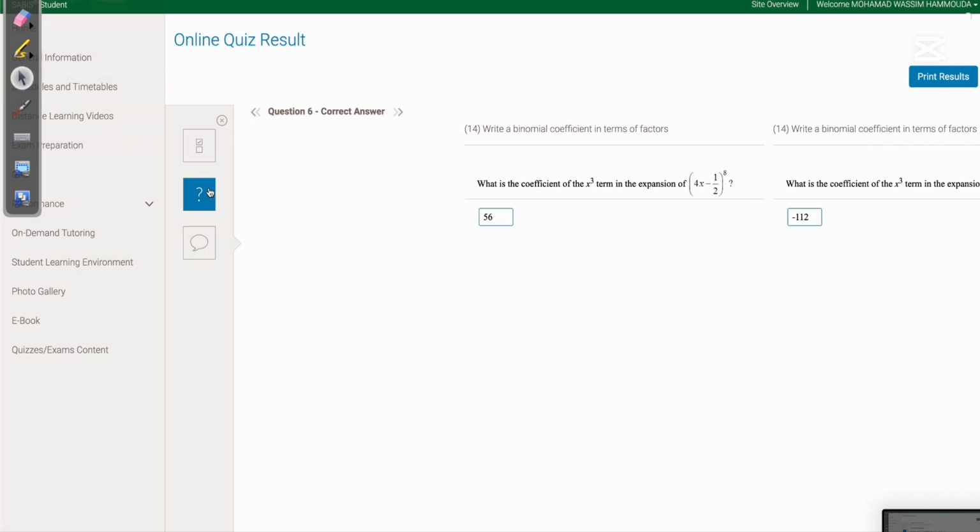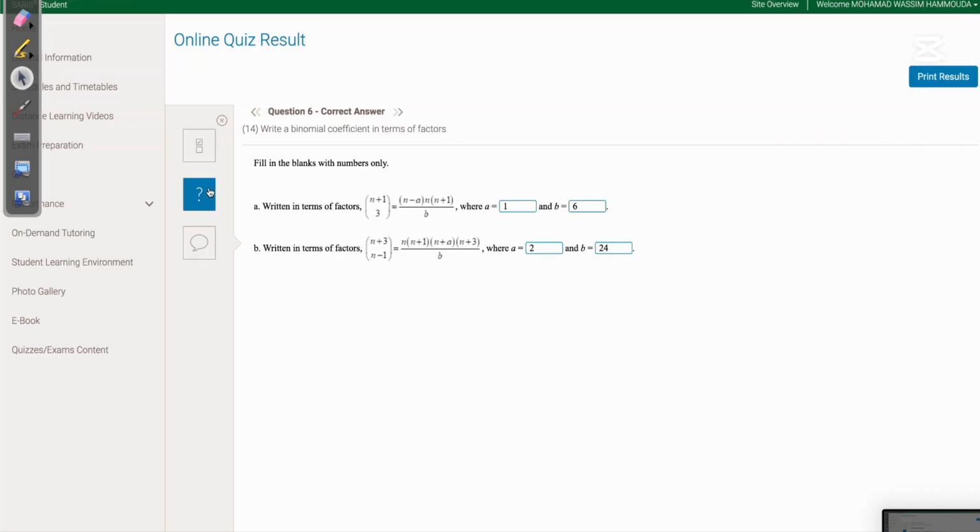Number 6. Written in terms of factors, n plus 1 C 3. Now this is basically how we solved it also in question 3, if I'm not wrong.